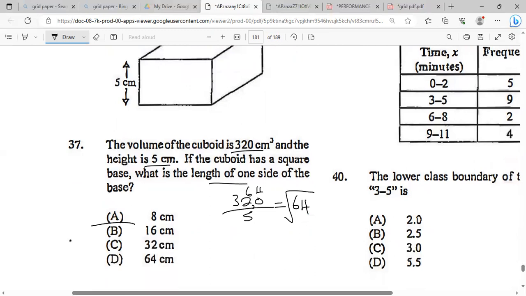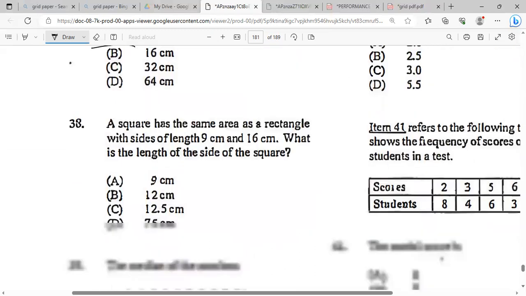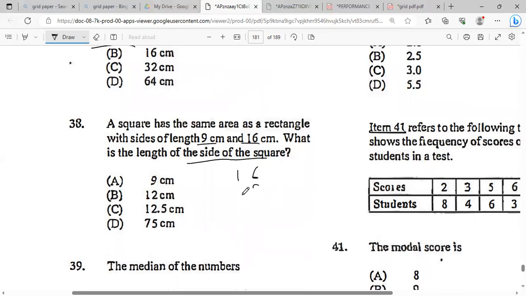Let's move on to 38. A square has the same area as a rectangle with sides 9 centimeters and 16 centimeters. What is the length of the side of this square? So again, it's a rectangle. So what we do, we multiply 9 by 16. We want to find the area for the square itself.